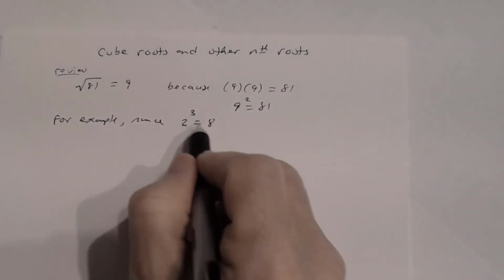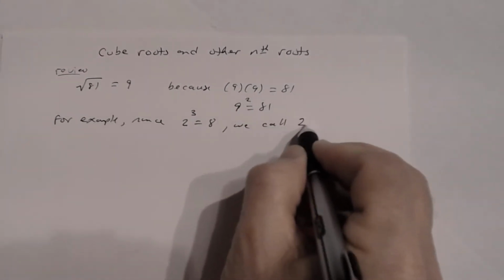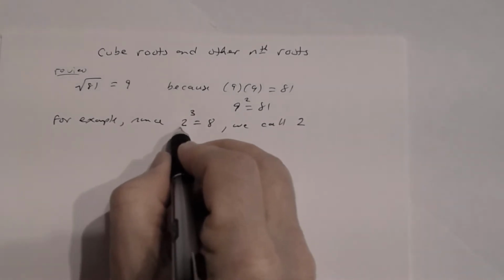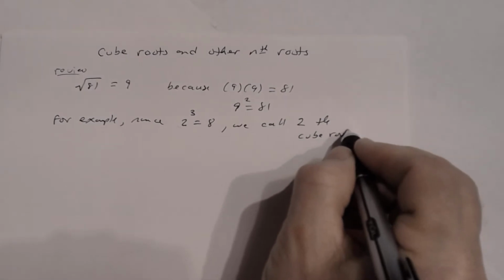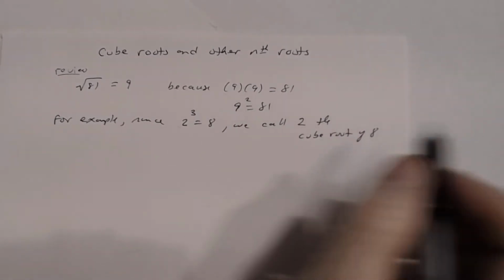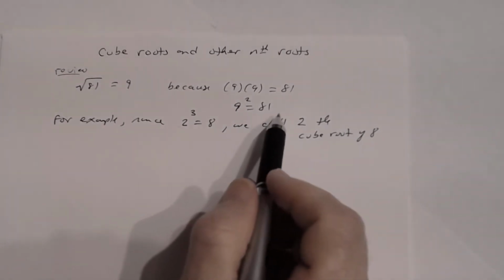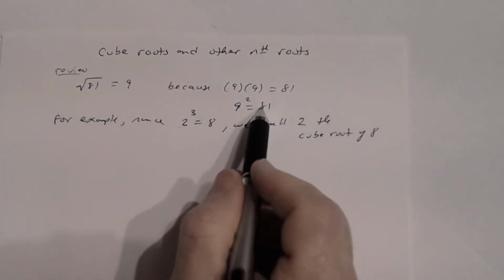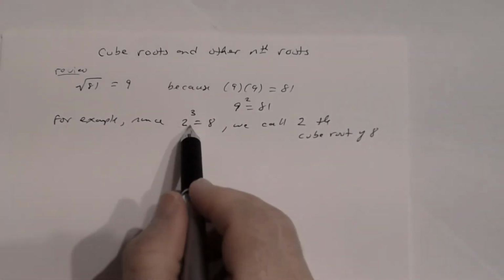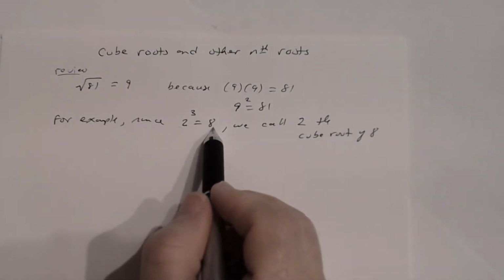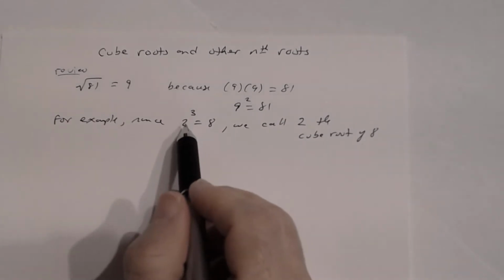So if 2 to the third power equals 8, we call 2 the cube root of 8. So just like we did here. When we said 9 squared equals 81, we call 9 the square root of 81. So the square root of 81 is 9. So if I have 2 cubed equals 8, then we say the cube root of 8 is equal to 2.